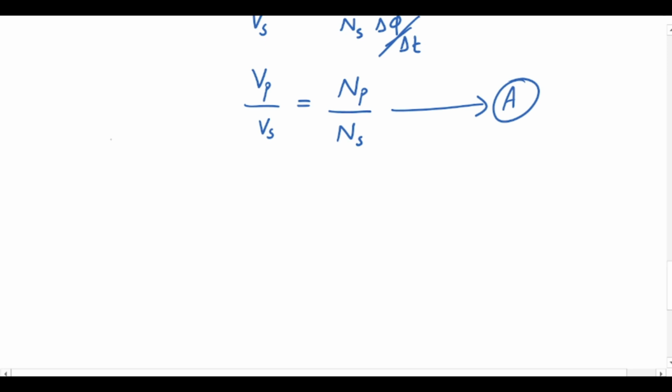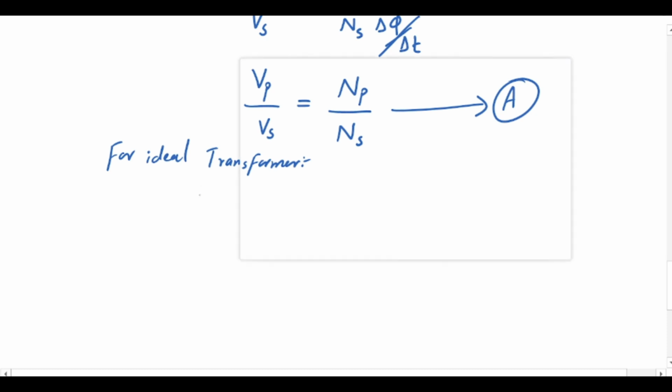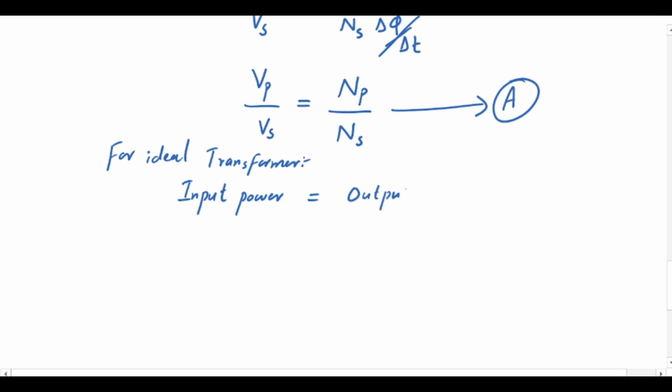Next is, for ideal transformer, ideal meaning whose efficiency is 100%. So the input power and output power are equal.